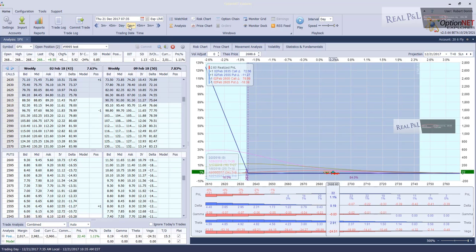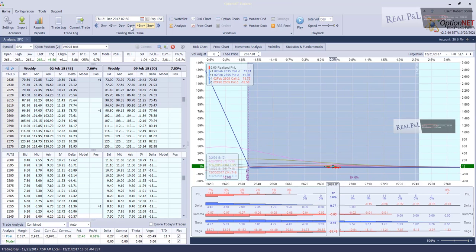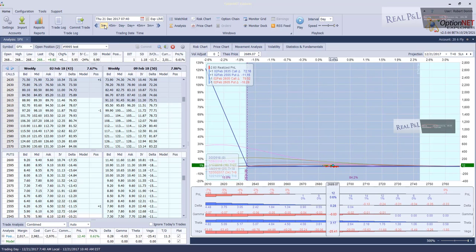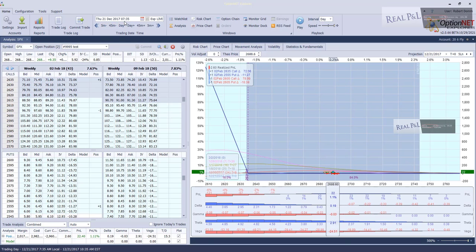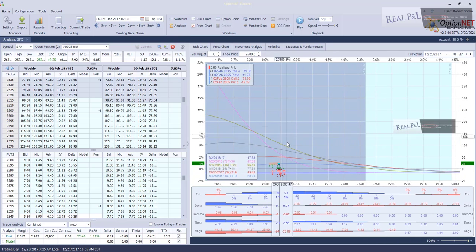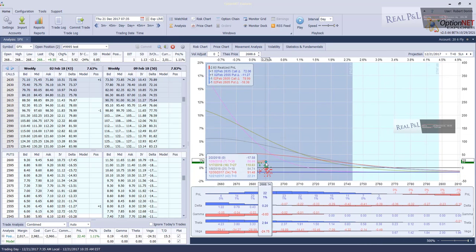Now, here's the thing. I'm not going to look at it every 5 minutes. I'm just going to pick a time during the day that's reasonable, and I'm going to look at it at the same time every day. But I'm going to be able to know, if I take this and drag it, each one of these little dots represents 5 minutes. But this is the high of the day. Look at that.